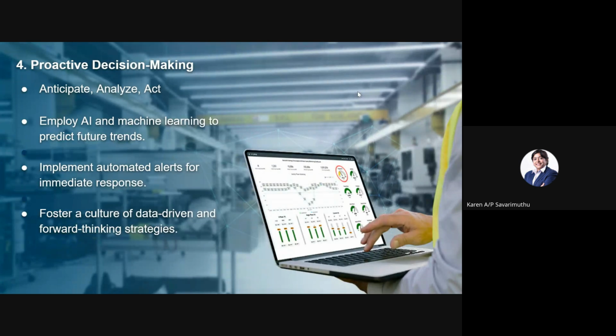And how can you implement automated alerts for immediate responses? There are a lot of activities, incidents or actions happening in a typical manufacturing industry, or even in healthcare. Healthcare is also now going towards AI. A lot of patients are being monitored in certain areas where nurses do not have to walk around many times to check on their patients.